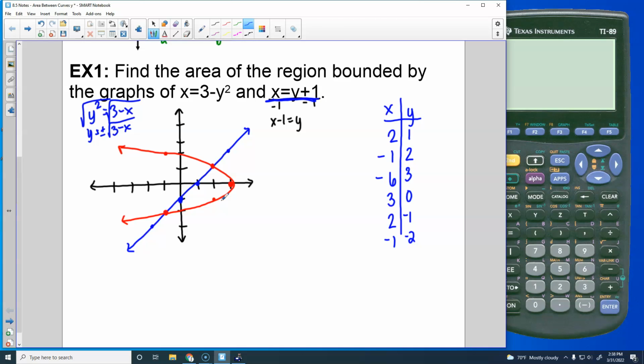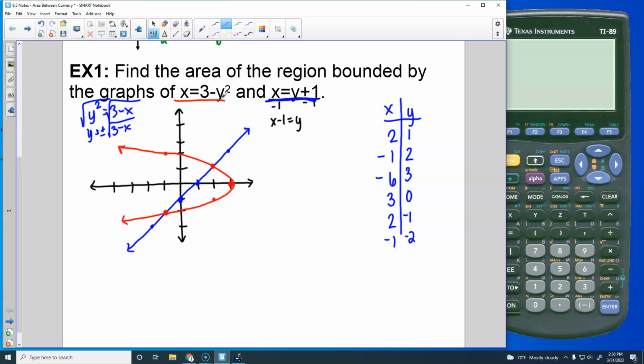So it's not going to find that area there. So instead of doing this problem with respect to x, we are going to do this problem with respect to y, which is actually easier because the equations were in terms of y from the beginning anyway.